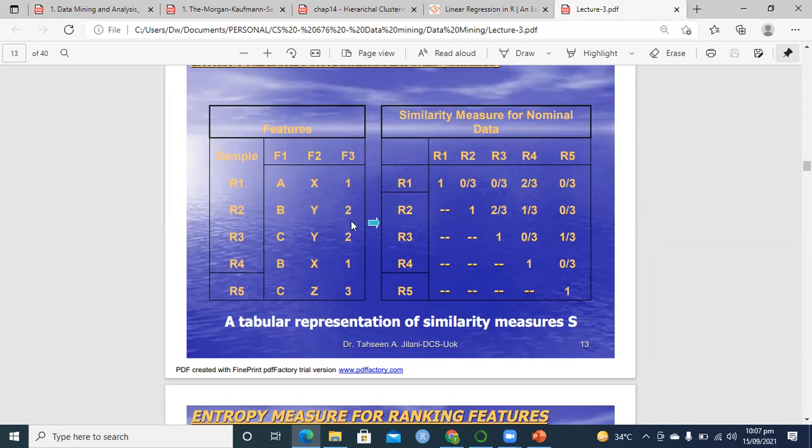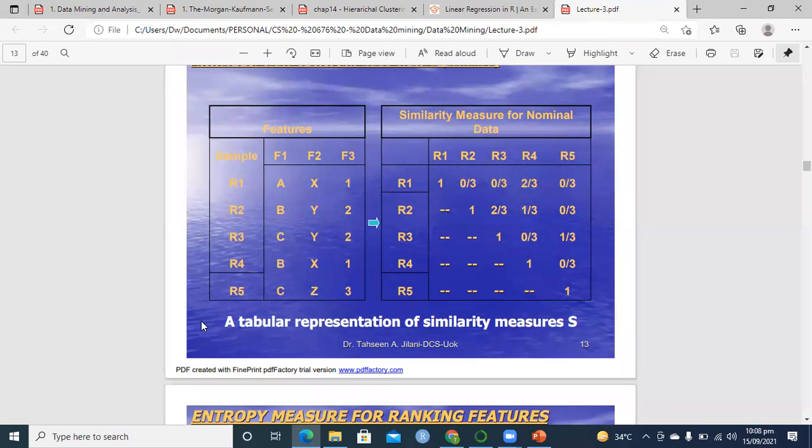In R2 it is 2, in R4 it is 1, they are not similar. So there is only one similarity out of 3 between R2 and R4. So you see this is 1/3 because there is only one common value. Here it is B and it is also B. So this way you can calculate the Hamming distance between categorical variables.